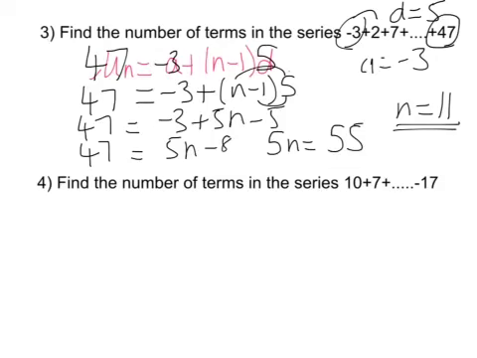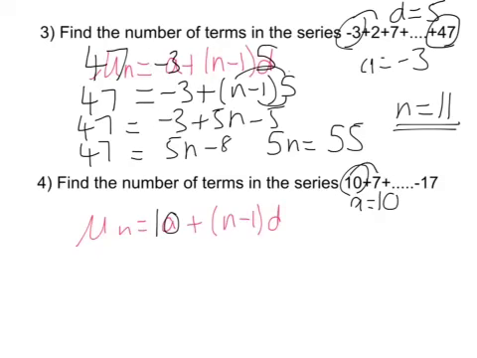Find the number of terms in the series 10, 7. Okay, so u to the n equals a plus n minus 1 d. What do we know? We know that a is 10, so he can go in there. The difference, what's it going down by? It's going down by 3. Okay, so he can go in as a minus 3.